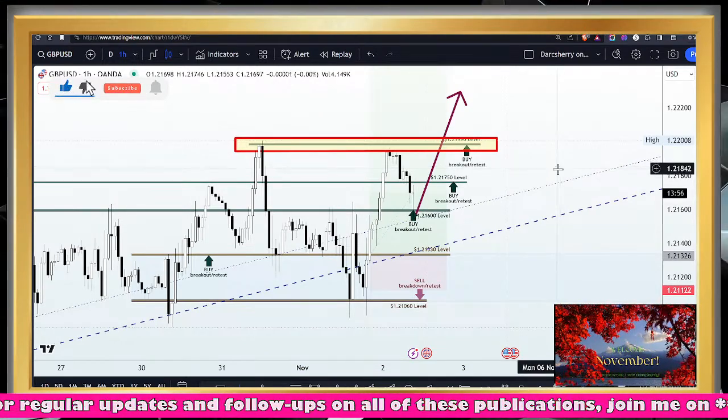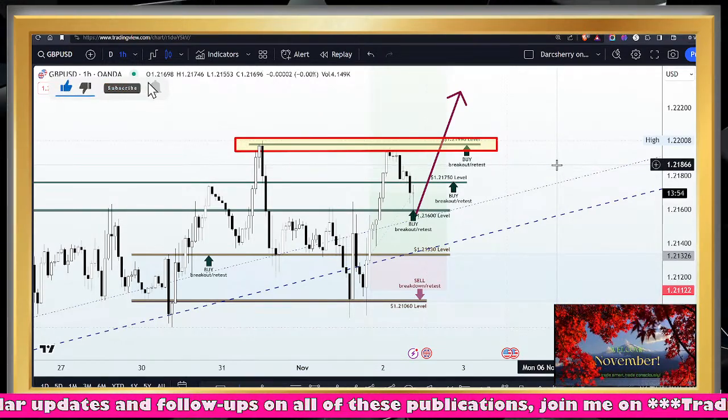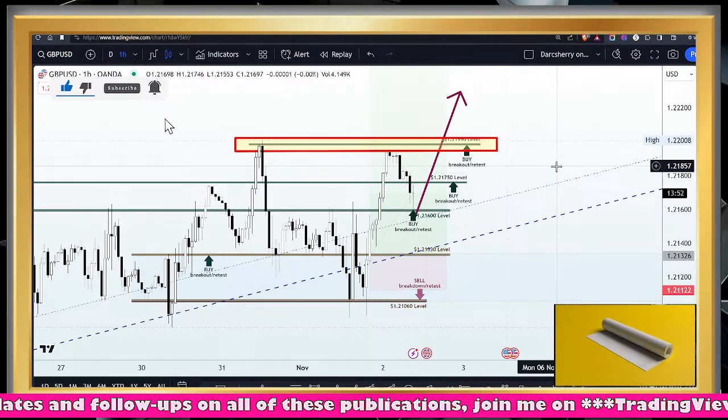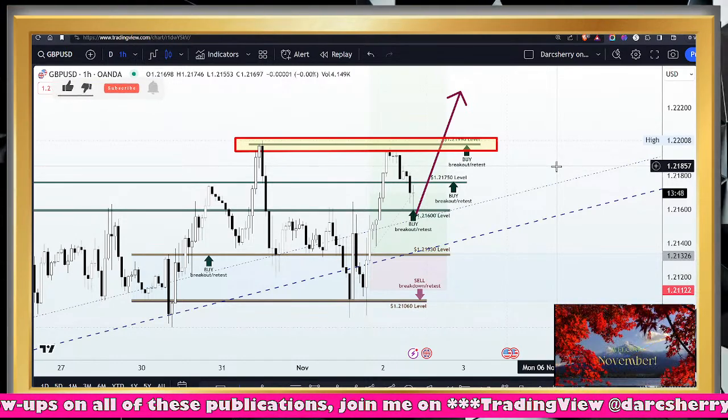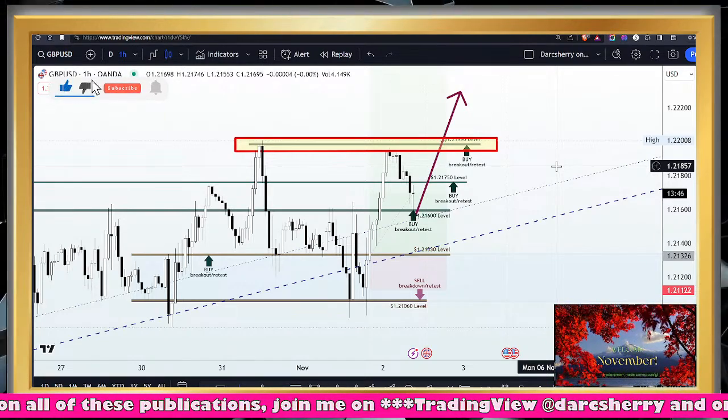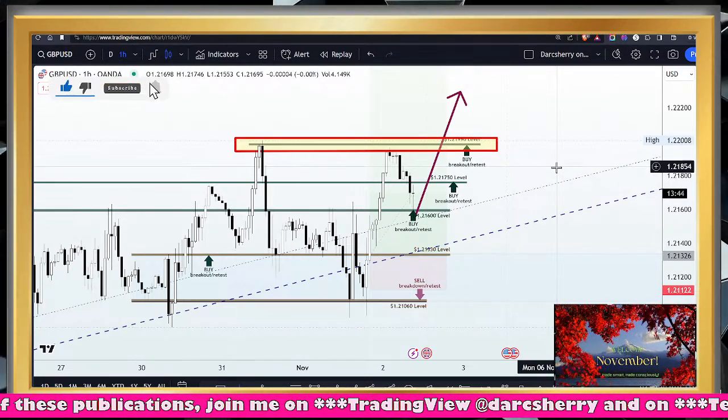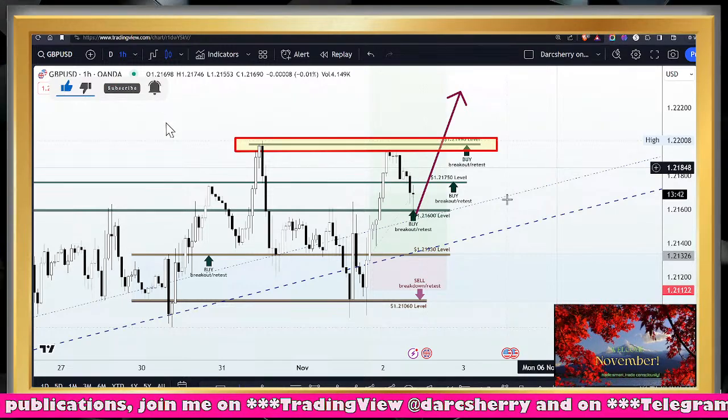However, I could take advantage of buying opportunities even before the breakout happens if I see convincing market conditions that evolve on this chart. And one of the things I want to see is a double bottom structure, a reversal pattern.